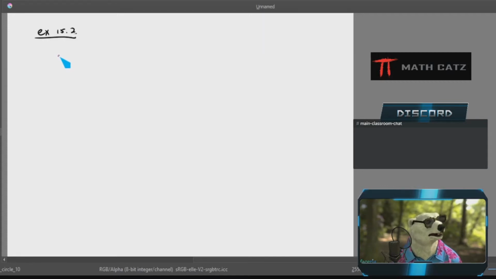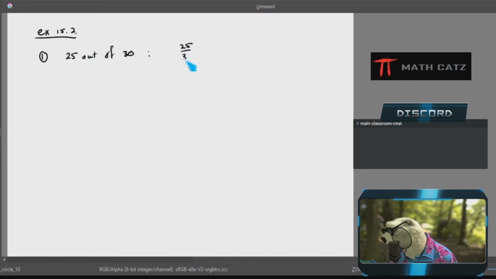Is it the correct percentage? Does it match? Was there a mistake on the spreadsheet? You need to check these things. It's important. So 25 out of 30, that'll correspond to a fraction 25 over 30. I multiply that by 100.